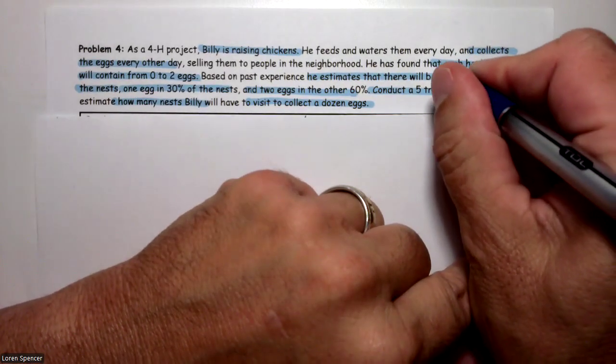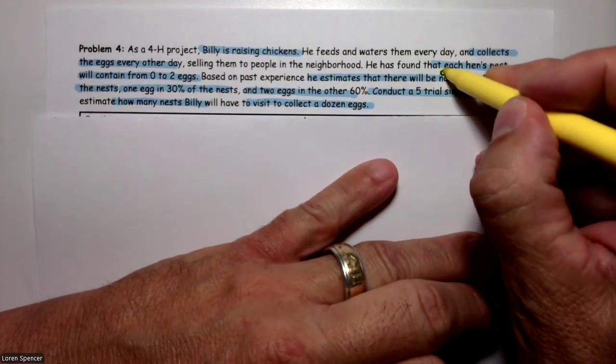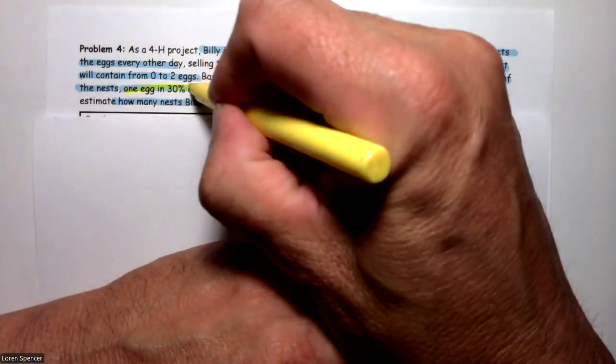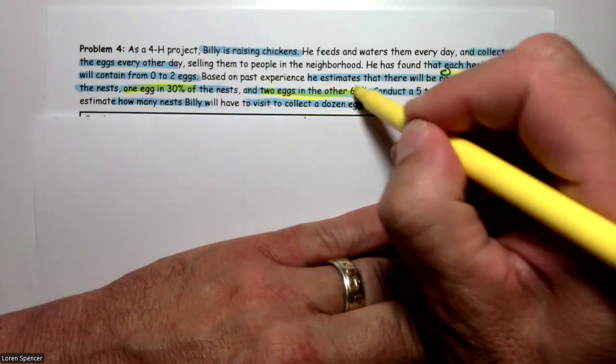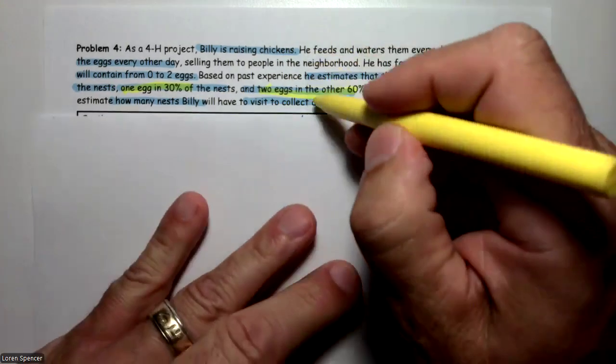So this is a 0, so no eggs in 10%, 1 egg in 30%, and 2 eggs in 60%. Conduct a 5 trial simulation to estimate the number of nests to collect a dozen eggs.